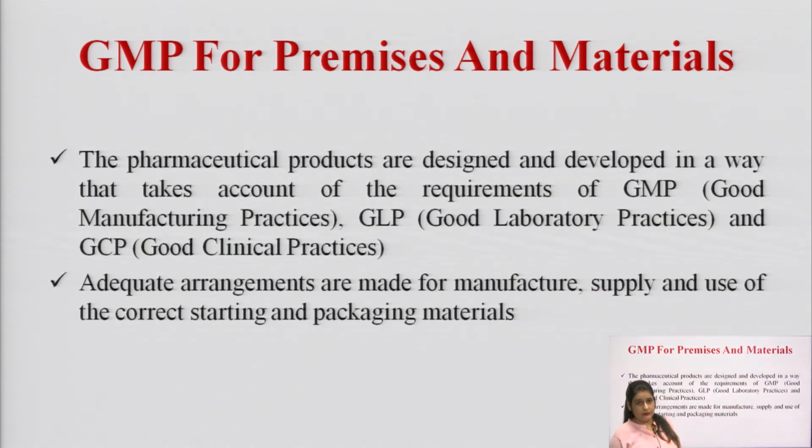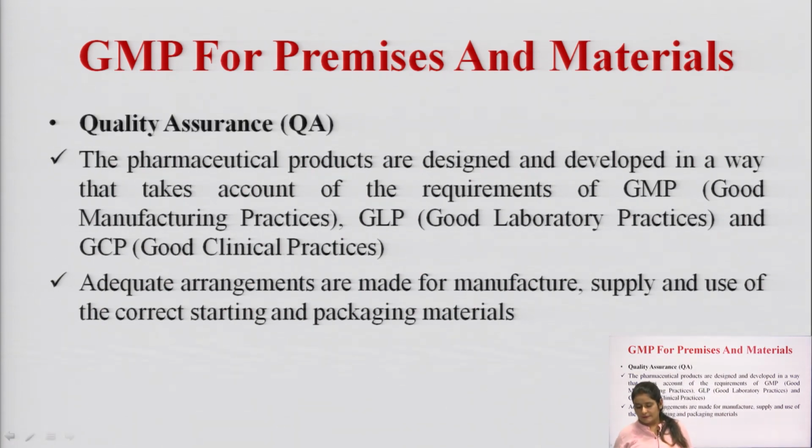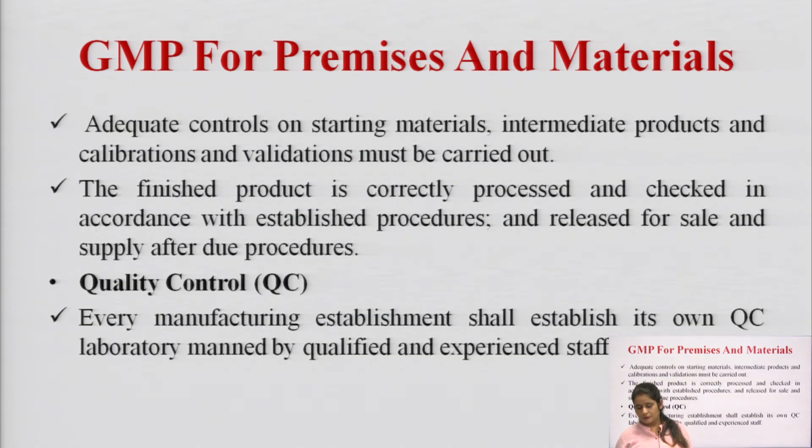Pharmaceutical products are designed and developed in a way that takes account of the requirements of GMP, GLP and GCP, and proper arrangements should be maintained for manufacturing, supply and use of correct starting and packaging material. Apart from documentation and records, and labeling and printed material, quality assurance is also important.